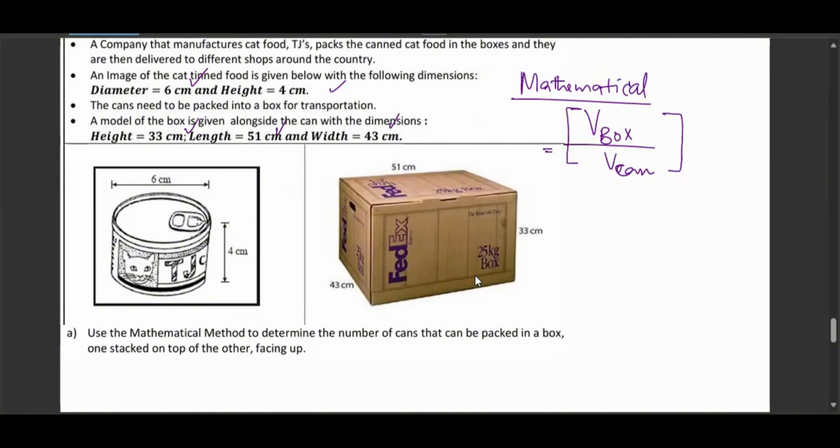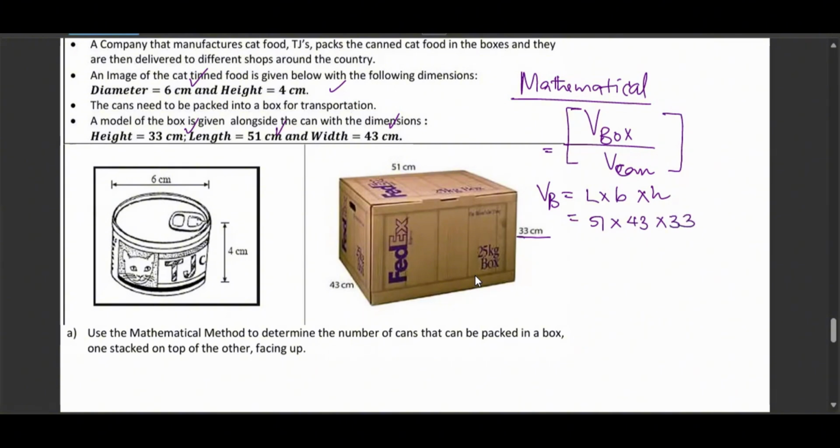Anyway, use the mathematical method to determine. So that means we're going to look for the volume of the box. It's a rectangular box, so we shall say V equals L times B times H. Our length, 51. Our width, 43. Our height, 33.